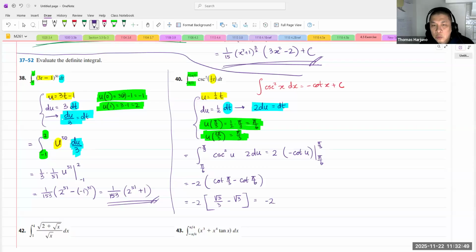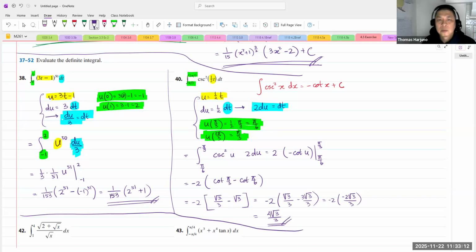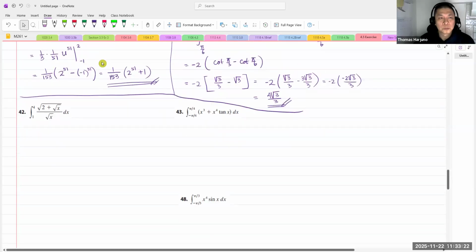So that's negative 2 times radical 3 over 3 minus 3 radical 3 over 3. That's negative 2 times negative 2 radical 3 over 3. So that is 4 radical 3 over 3. It's just a bit longer work. It's more about computation for number 40. Number 42.